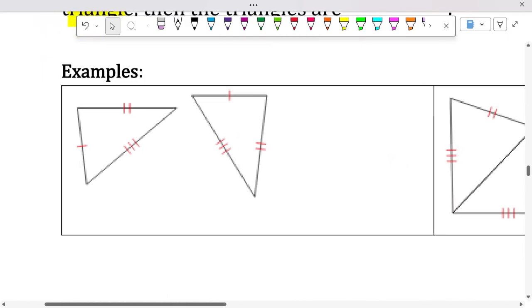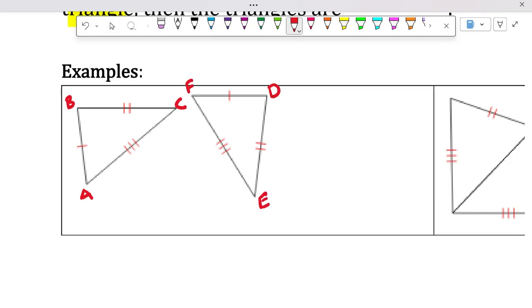So if we look at this first example, let's say that this is triangle A, B, C. This is triangle D, E, F. All right, so if we look, we have 3 sets of matching tick marks that go with the corresponding sides.